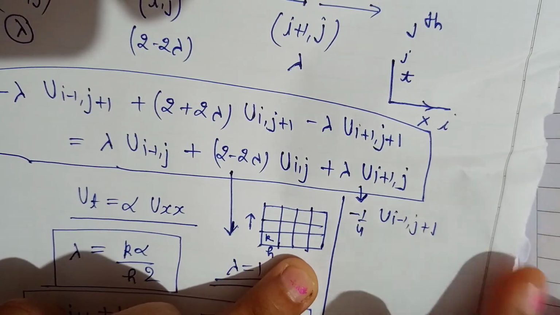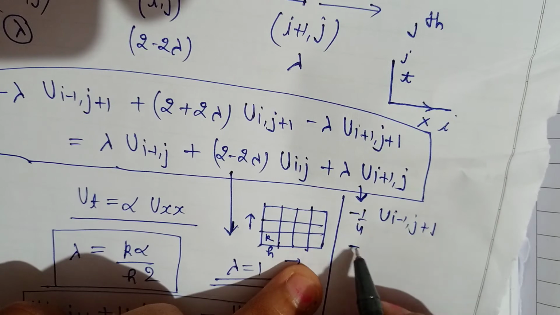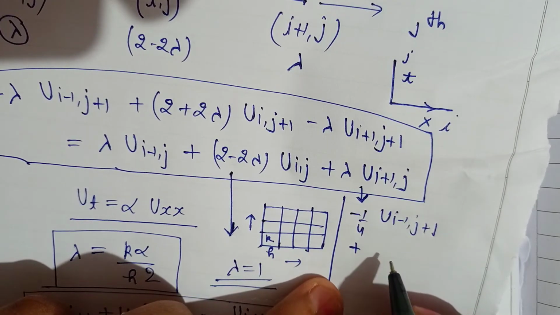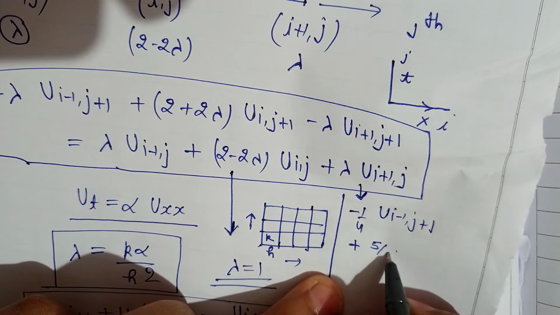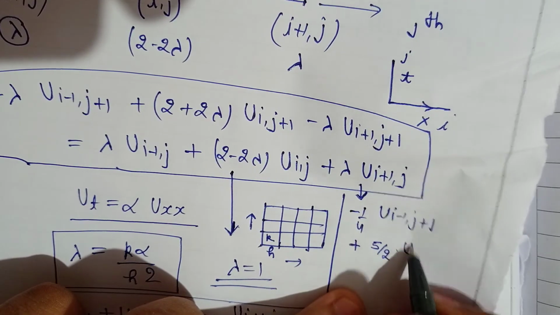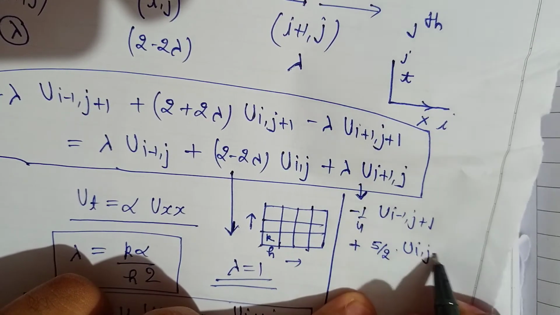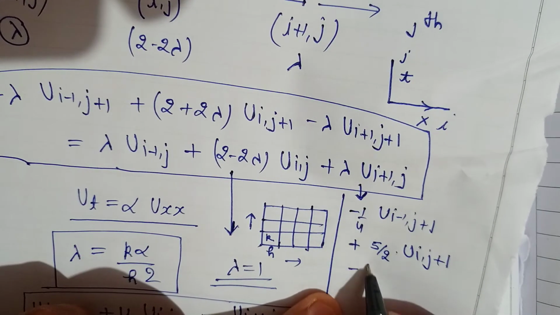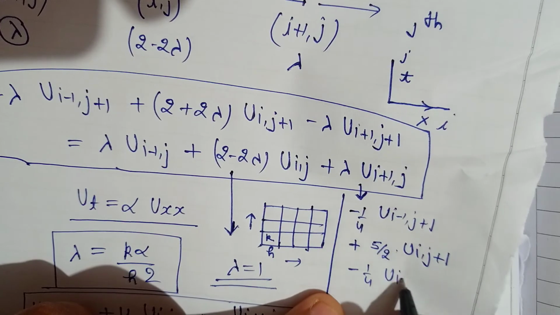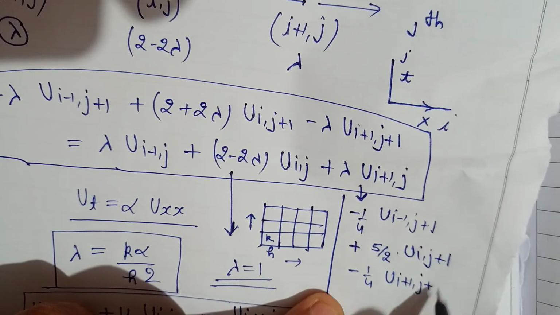Fine. The second term is 2 plus 2 lambda, so we get 5 by 2 u(i, j plus 1). And again we get minus 1 by 4 u(i plus 1, j plus 1).